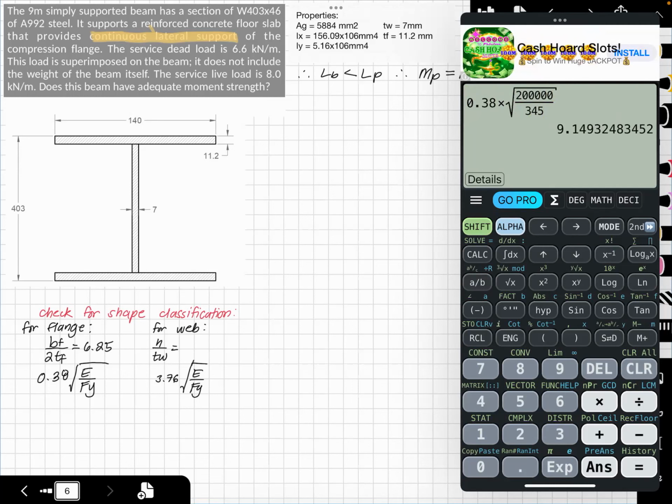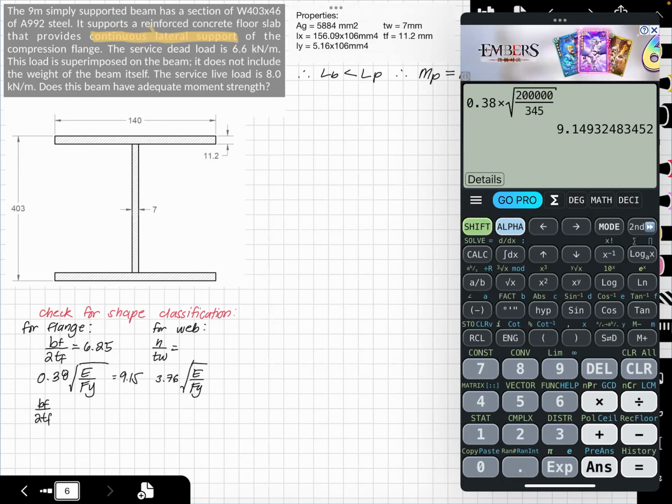So, 9.15. So, as you can see, bf over 2tf is less than 0.38 square root of E over Fy, or lambda is less than your lambda p. So, section is compact.